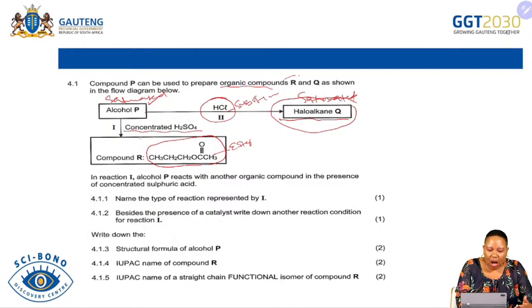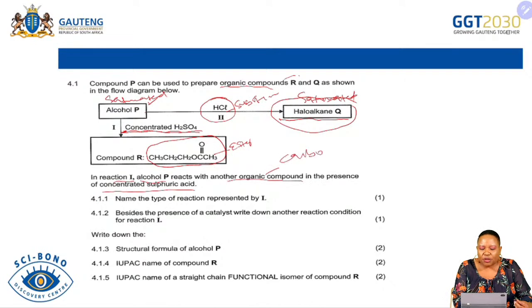Therefore, we are going to look at this sulfuric acid, because it's the one that is needed in this reaction. So they're saying in reaction 1, alcohol P reacts with another organic compound in the presence of concentrated sulfuric acid.